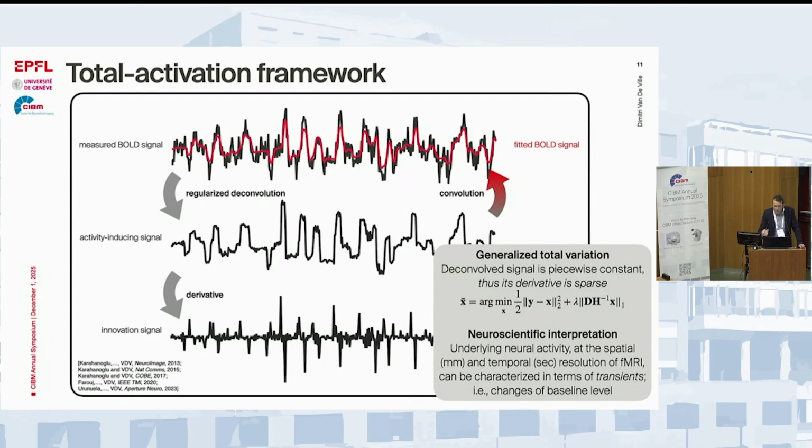And there are well-known solvers to effectively come up with the solution to that problem, which is what we've done in the background now, and which leads to these solutions of activity-inducing and innovation signals. And so to bring it back to the neuroscientific level, we're actually saying that at the time scale of fMRI and the spatial scale of fMRI once more, we express the signal in terms of its transients.